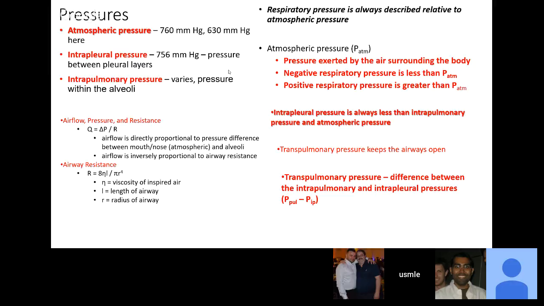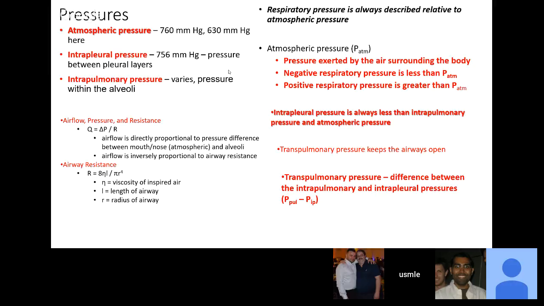You need to look at atmospheric pressure at sea level, and the higher you go, the more it is going to change. It can be negative respiratory pressure, less than the atmospheric pressure, or positive respiratory pressure, greater than the atmospheric pressure. This is what you're going to see with the breathing itself.